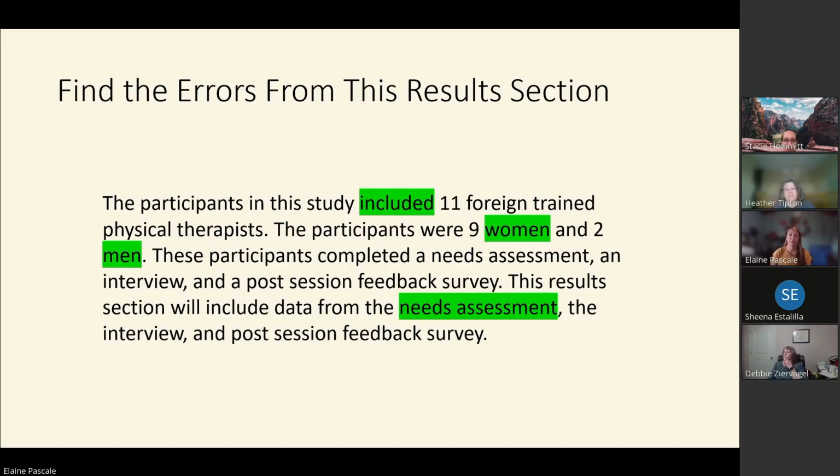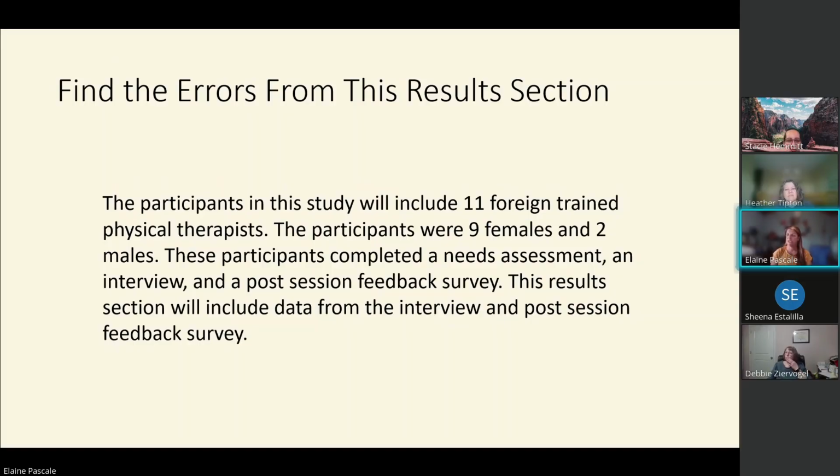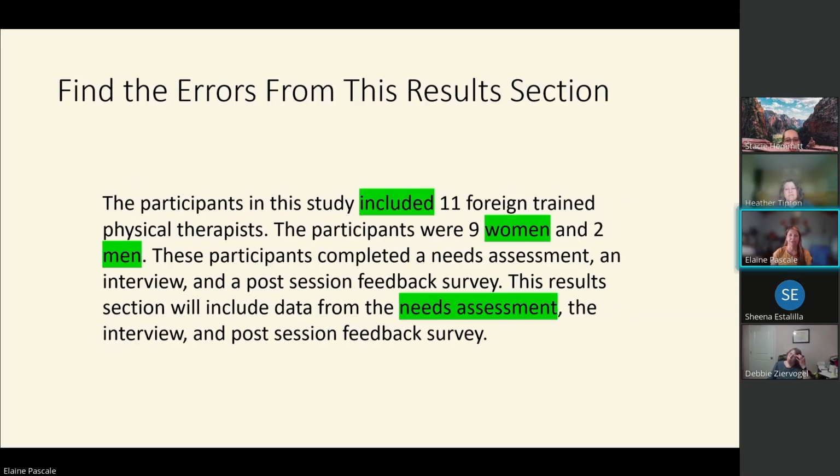So in this original one, let me go back to it. Will include, that's future tense. We don't want that. We want past tense, right?